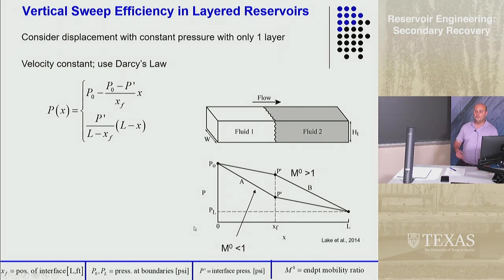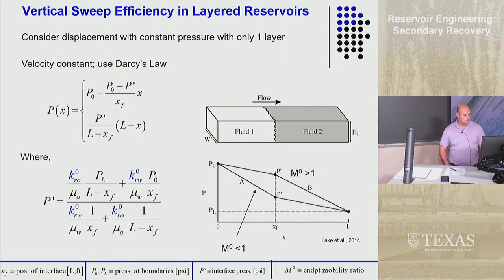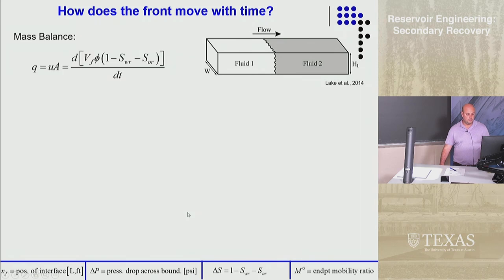Alternatively, if the endpoint mobility ratio is less than 1, think of that as the aqueous water or polymer phase being more viscous than the oil, then you're going to have a steep pressure drop until the interface and then not as steep until the end. Importantly, the pressure is going to equal P0 and PL at the two edges. Okay, and we just derived this P prime over here, right?